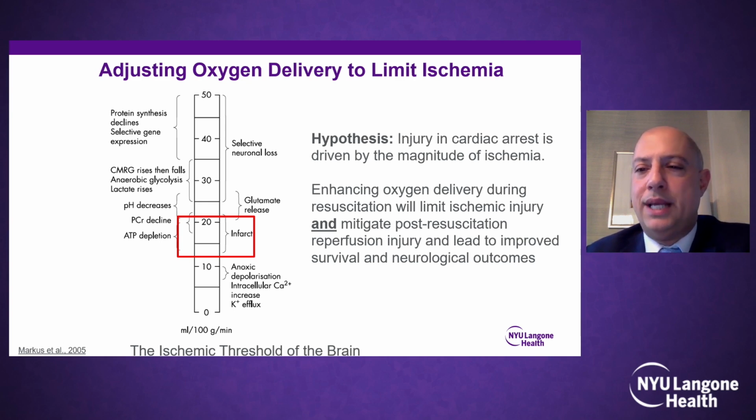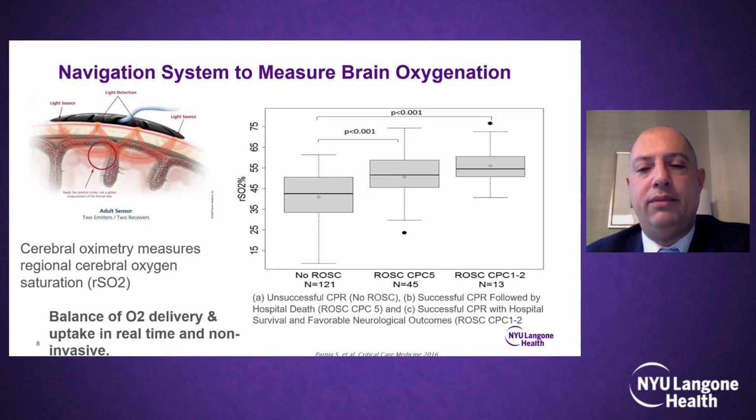If you could measure what's happening during CPR, during resuscitation, if you're falling below, like when you're driving a car and your petrol is going down, you're not going to just keep driving, you're going to do something to fill it up. So here you want to adjust this up and keep it as high as possible so you can reduce the downstream consequences for your patients, and exactly, reach up to a higher level.